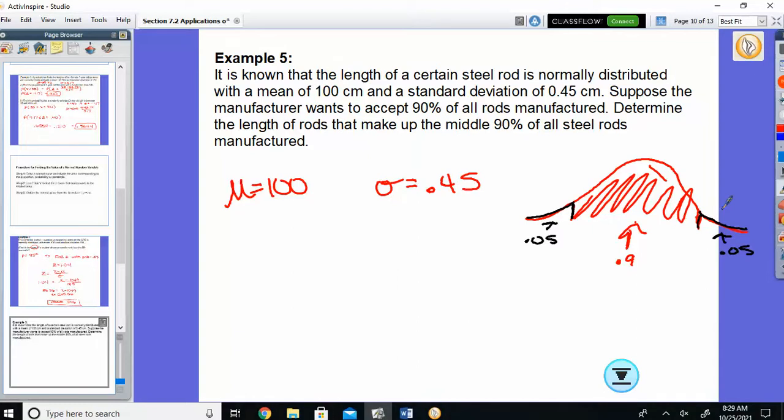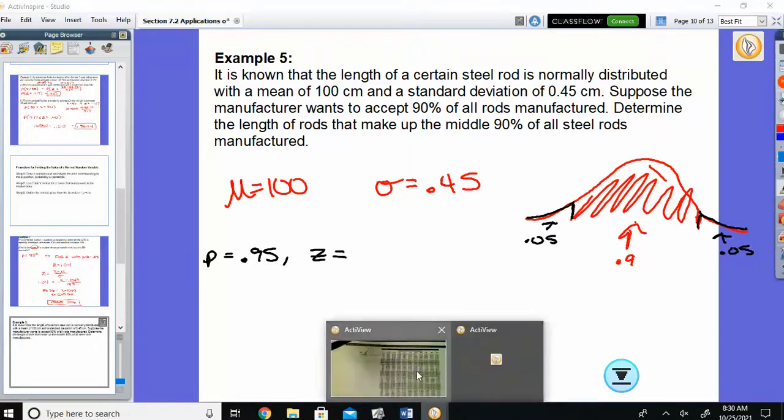Now, when we do this, our table gives us the percent less than that. So when I'm looking for this upper 5%, what percent is below that? 95. Okay, so I need to go to my table. When my probability is 0.95, that means my z is what?